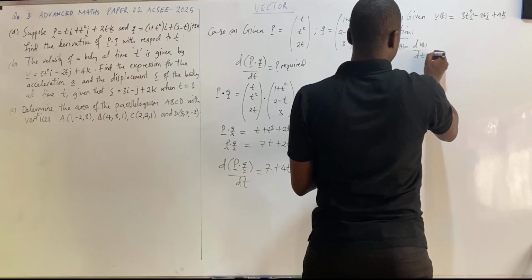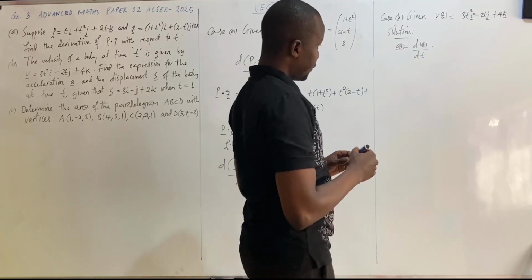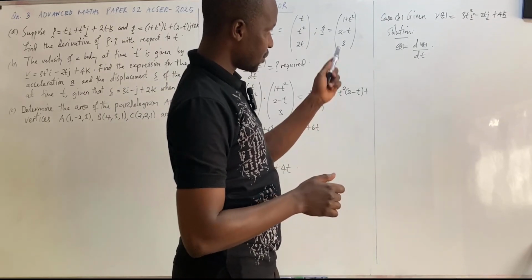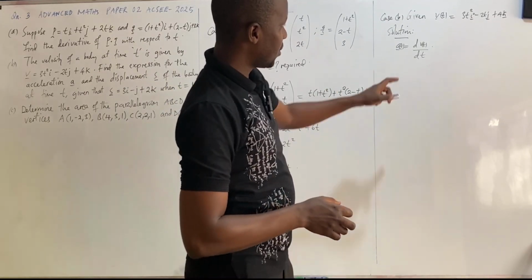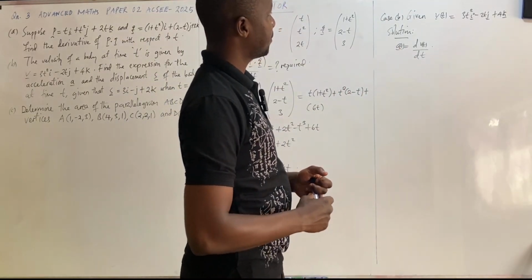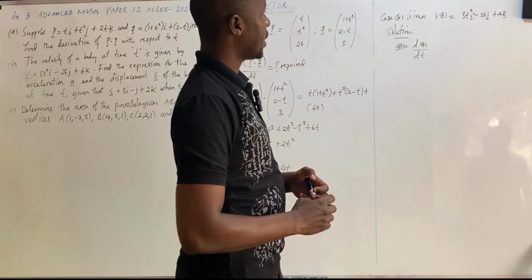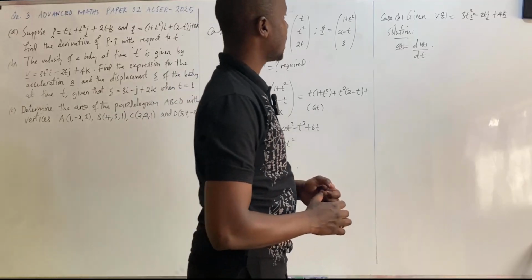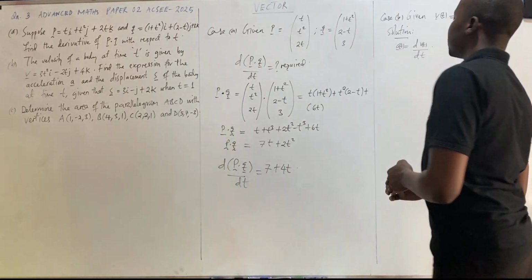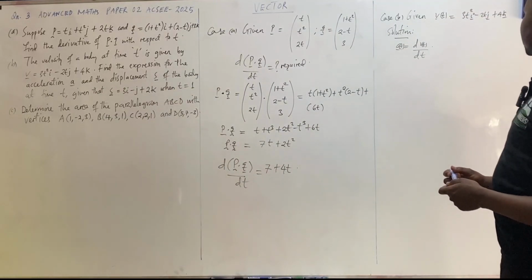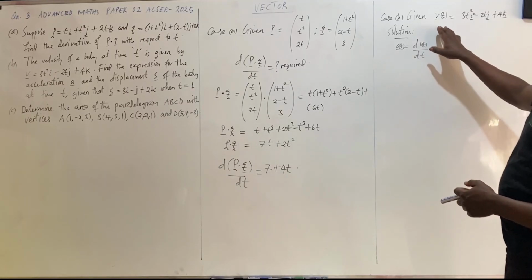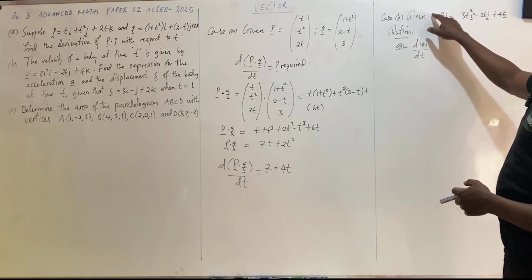So if we differentiate velocity with respect to time, we get the acceleration expression. It's like saying acceleration equals velocity divided by the time taken. So it's a matter of differentiating this velocity.